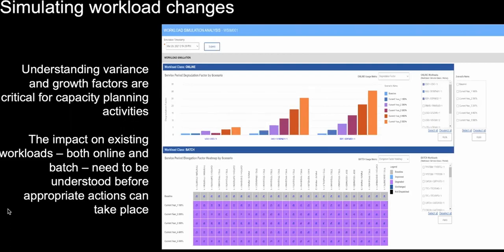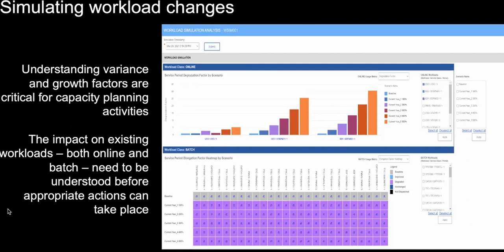Variables that can be applied include a workload growth or decrease factor, if you're thinking that you're going to scale down, and hypothetical hardware changes, as we've seen. You can apply different factors to see a full range of changes that could occur and determine the right level of risk that's being taken on, or understand when is the optimal time to take a proactive action to avert performance problems.